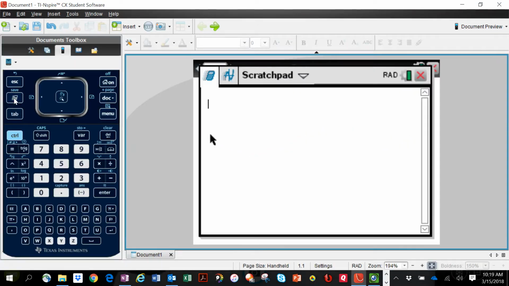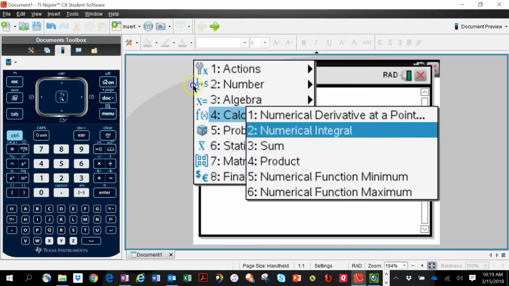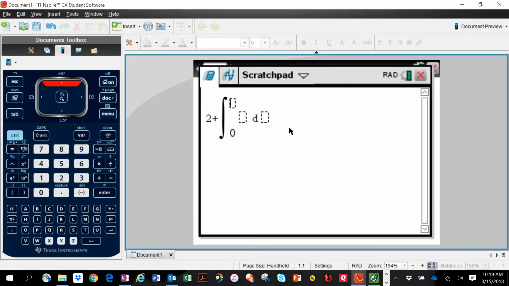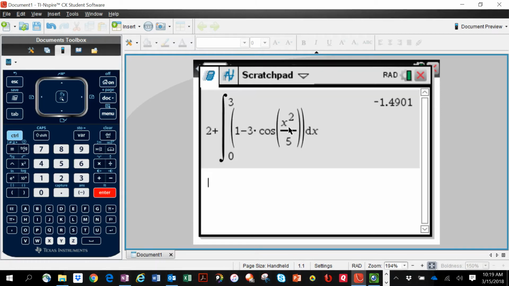And I'm going to go on over now to the calculate screen. 2 plus menu, calculus, numerical integral from 0 to 3. And now type in your velocity function. 1 minus 3 times cosine of x squared divided by 5, and integrate with respect to x.